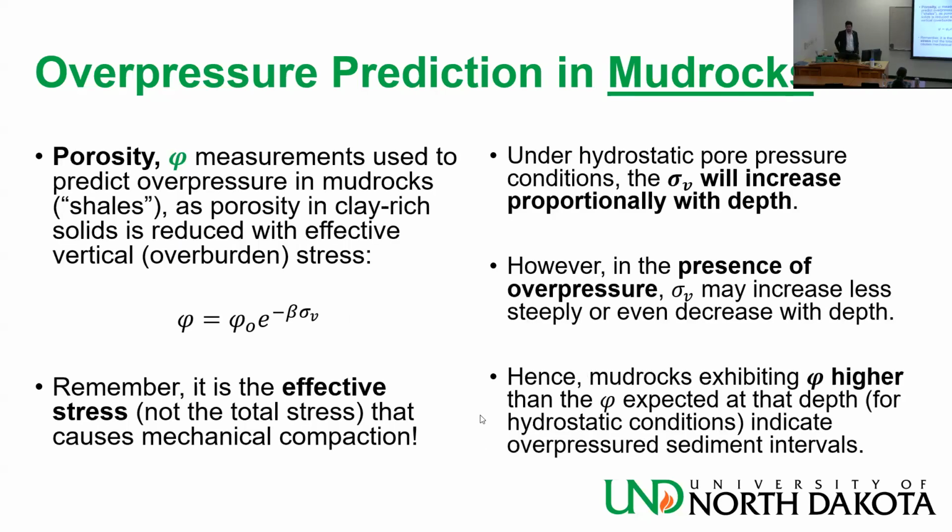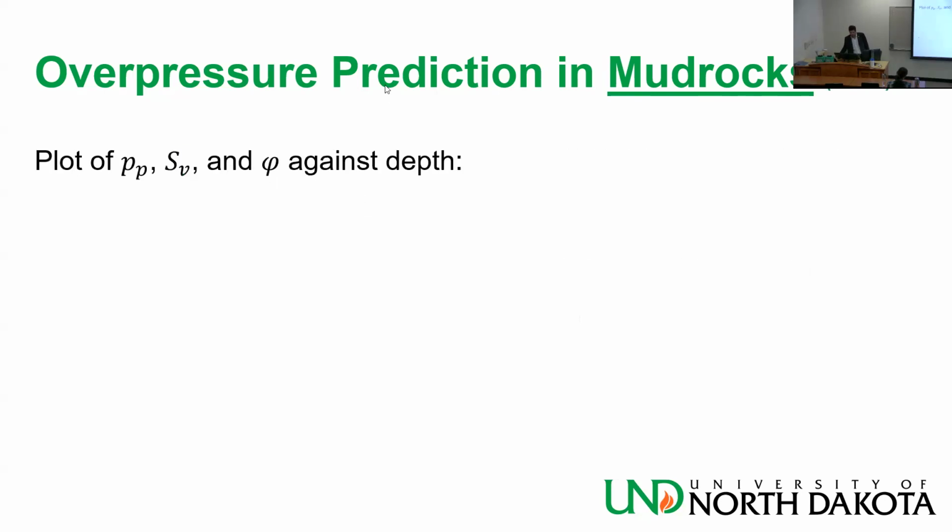Hence, mudrocks exhibiting porosities higher than the porosity expected at that depth for hydrostatic conditions indicate overpressured sediment intervals. I think you're going to understand it better once you do the homework.